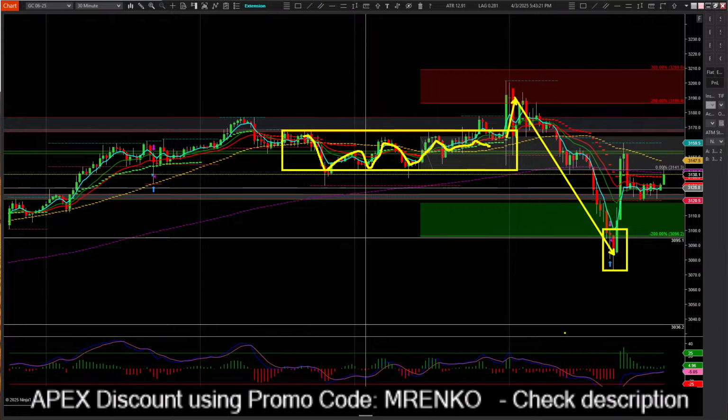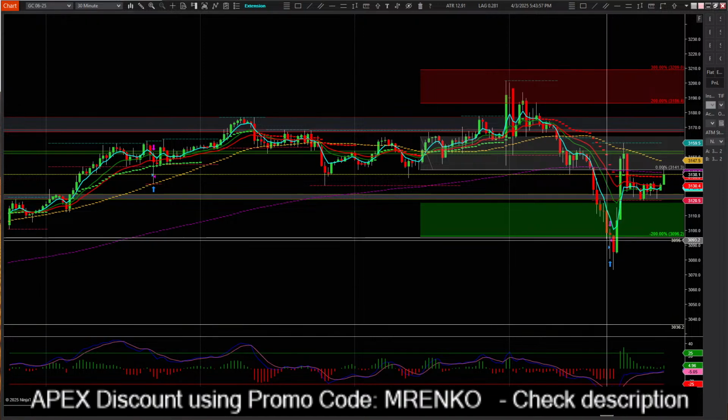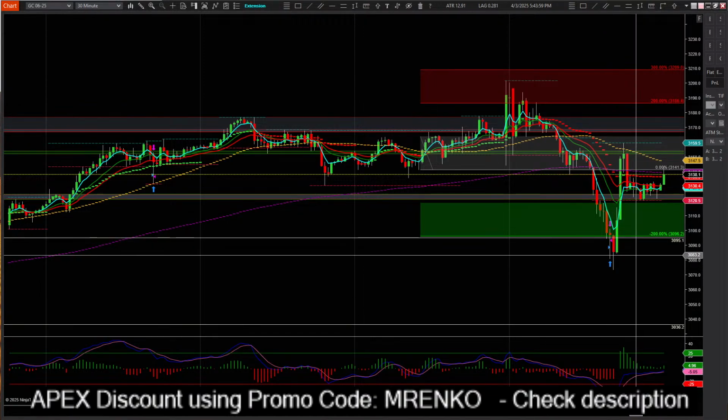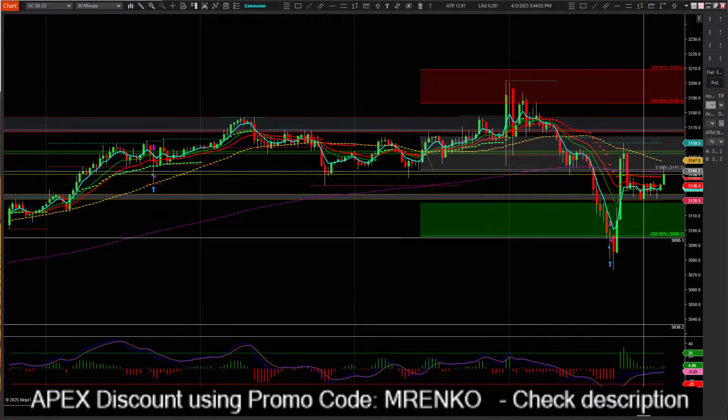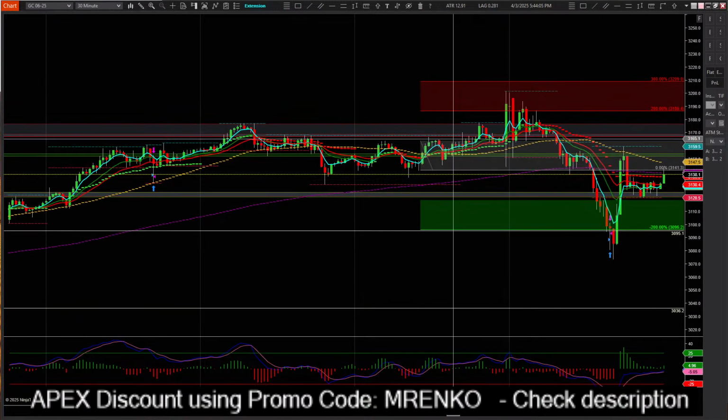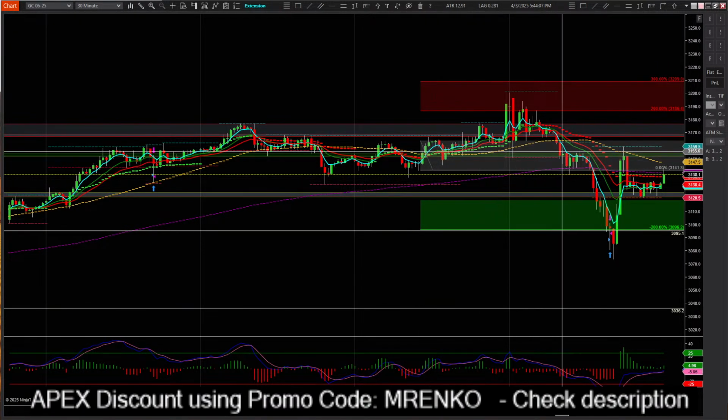It was really oversold out of the deviation for this extension right there in this box right here. So it went up and then started to sell off until it went beyond the 200 extension right here off of that range, right?